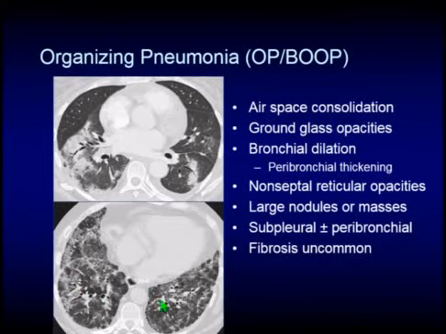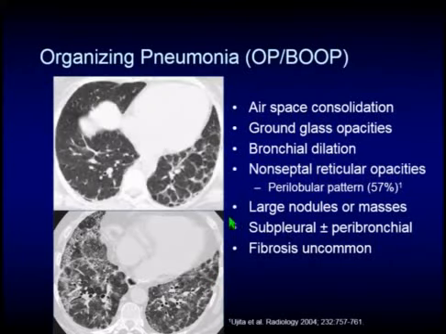In this bottom case, we see more reticular pattern. Yes, there's ground glass, but you see a lot of lines here, and this is what we call the non-septal reticular opacities. In this pattern, you can see that the ground glass or thickening is confined to the edges of the secondary pulmonary lobule. This is what we refer to as a perilobular pattern.